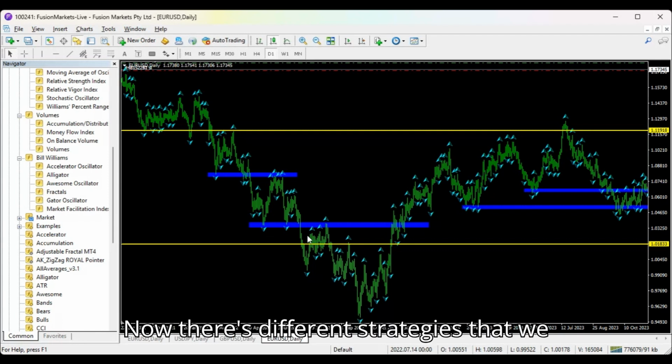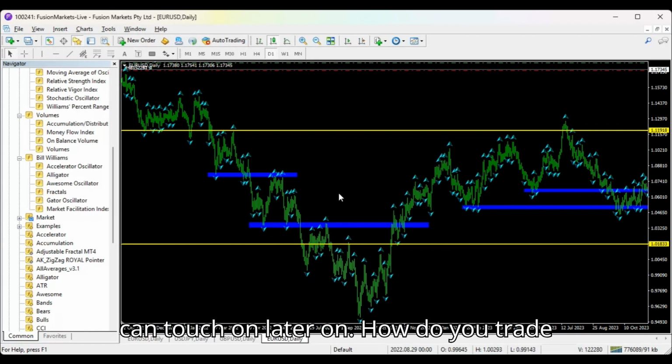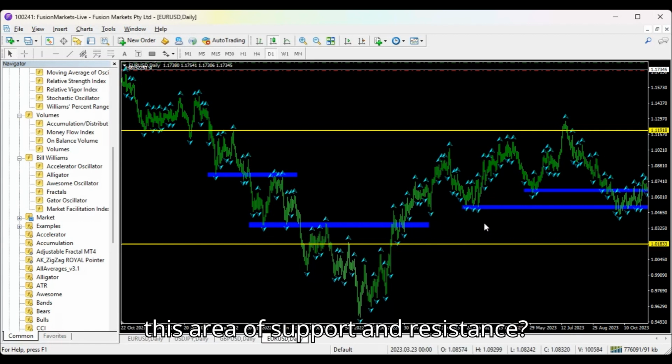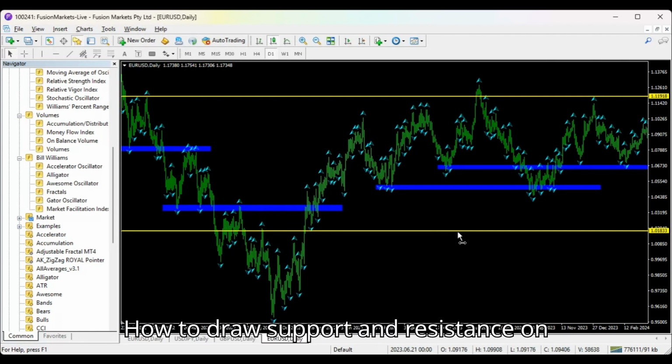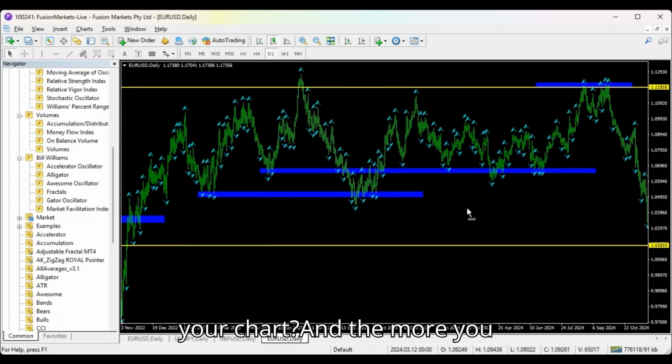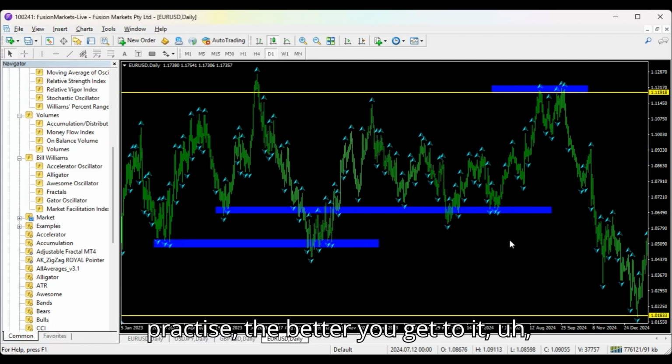Now, there are different strategies that we can touch on later on for how to trade these areas of support and resistance, but for now, we'll leave it there. At least you know how to draw support and resistance on your chart, and the more you practice, the better you get at it.